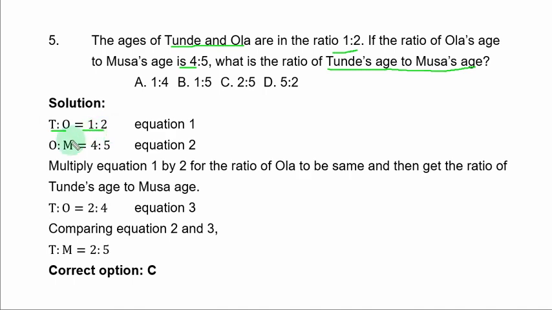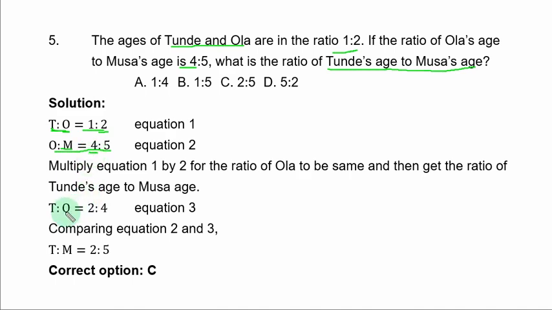Now Ola ratio Musa is 4:5. Let's call that equation 2. You are asked to find the ratio of Tunde's age to Musa's age. What you do is ensure that Ola has the same number in both equations. That is, 2 and 4 should be the same. It is easier to make 2 to be 4 by multiplying through equation 1 by 2.